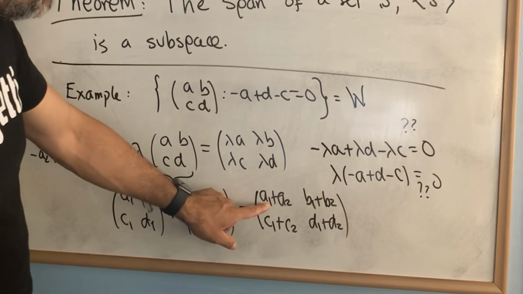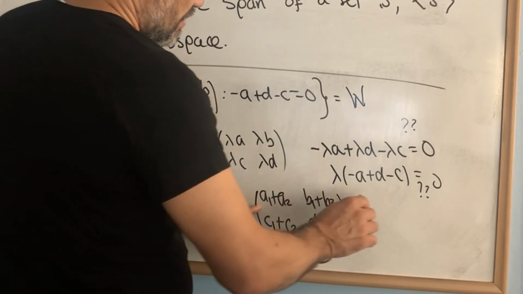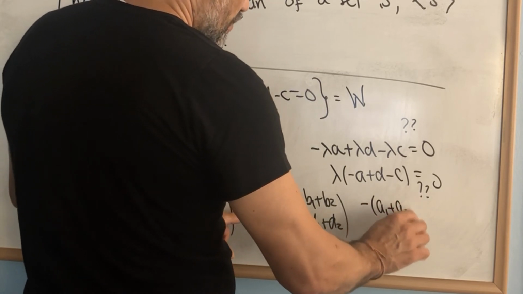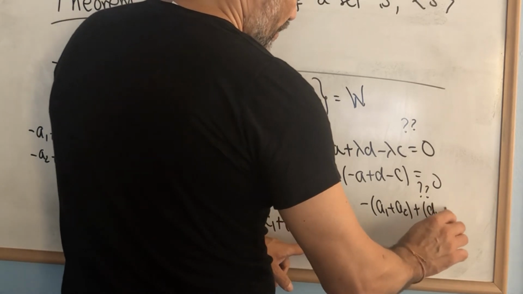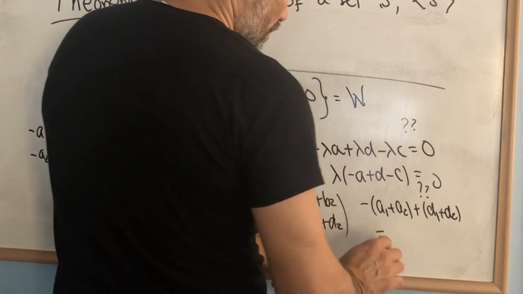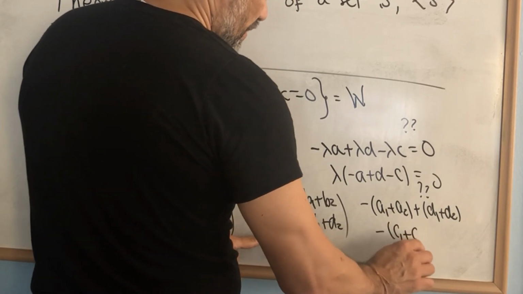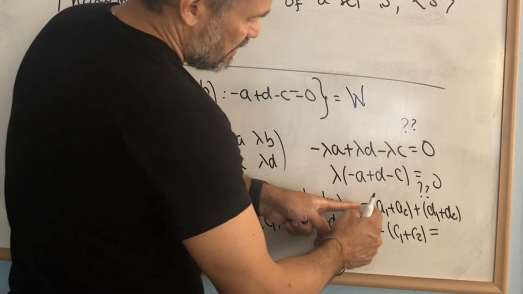But why is this matrix in W? Because when I do this entry, negative A1 plus A2, plus this entry, D1 plus D2, minus this entry, C1 plus C2, we can regroup the first entries.